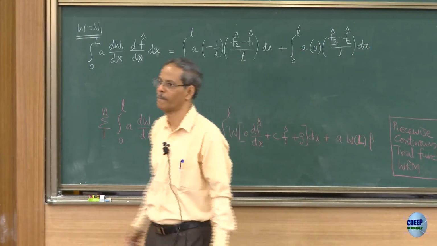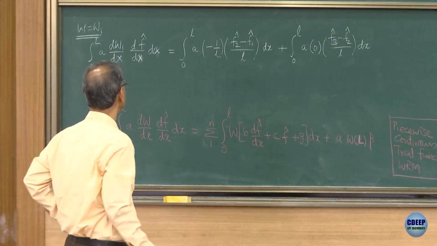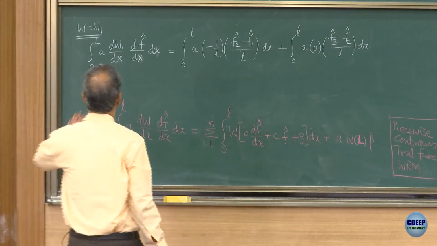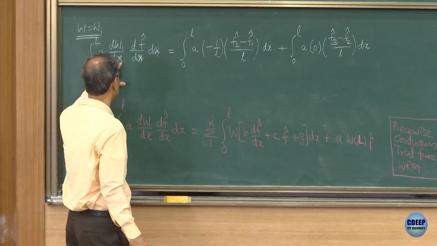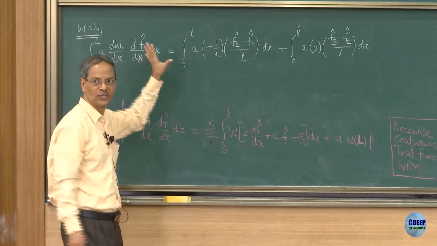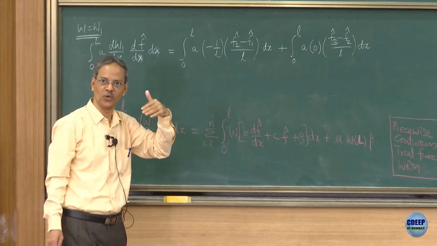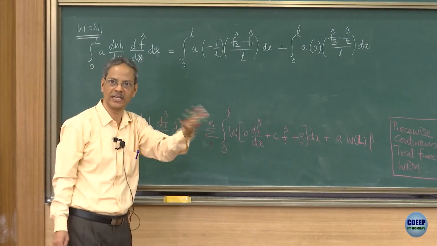Is this okay? 0 to capital L, that is what we need to calculate. I am now splitting it as integration over the first element and then integration over the second element.